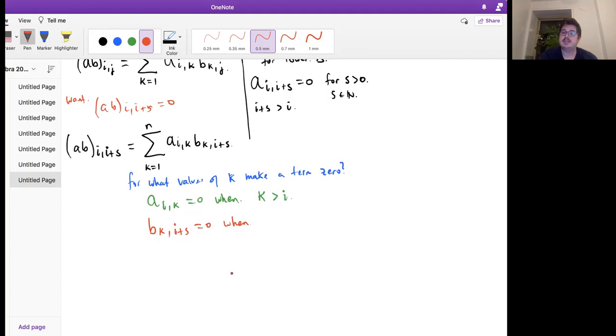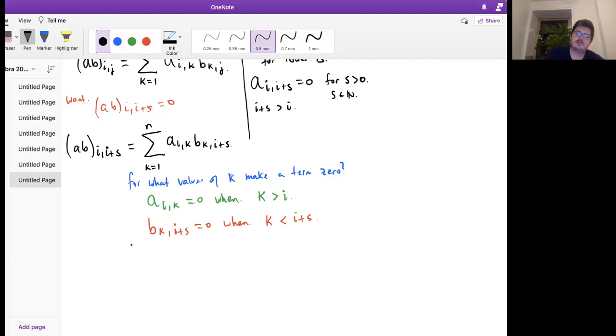Right, you want i plus s to be greater than k, when k is less than i plus s. So for what values of k is this term 0?